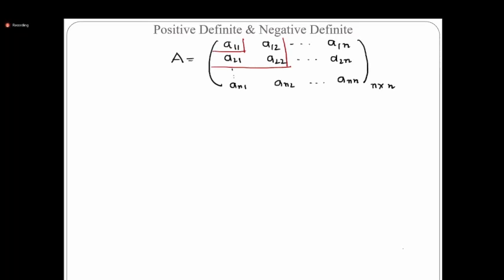So how many principal minors are you going to get? N. Very good. So the first principal minor will be A1, which is only A11. A2 is the determinant of A11, A12, A21, A22. Third principal minor, anyone?